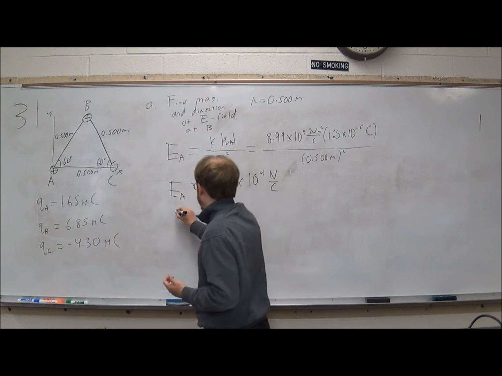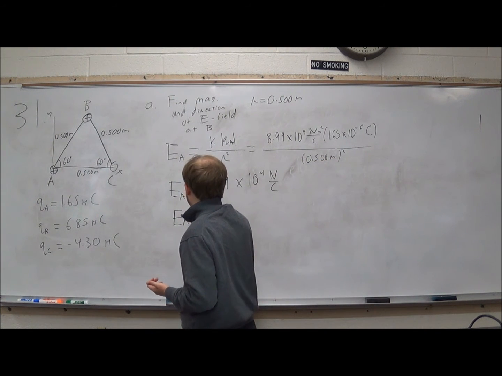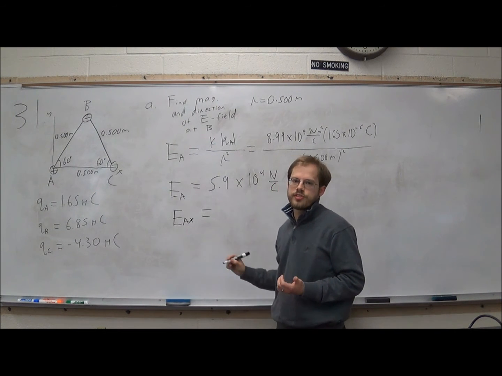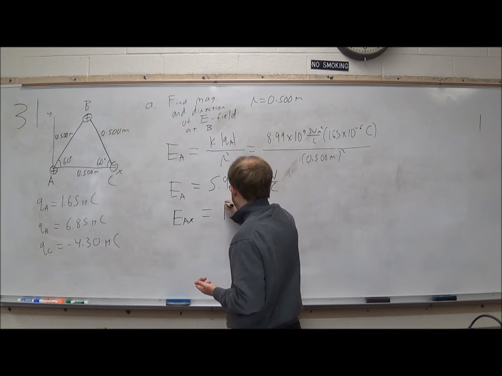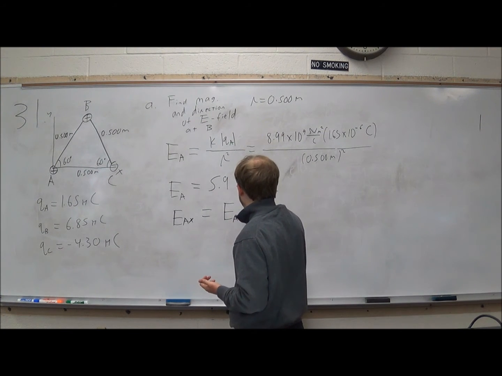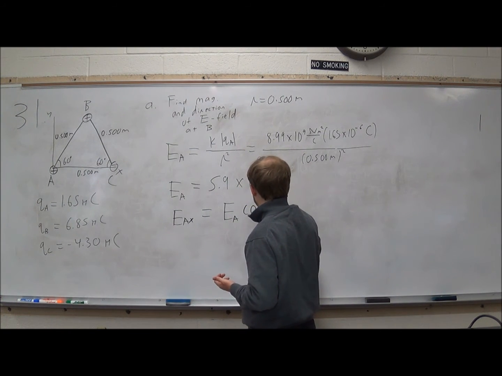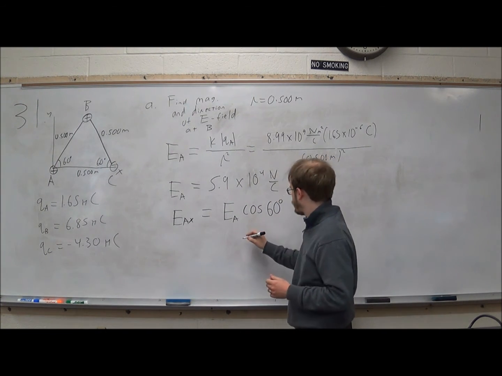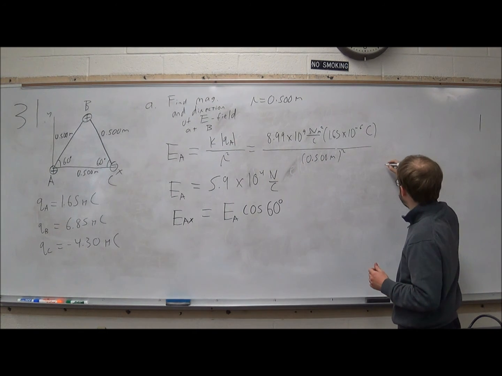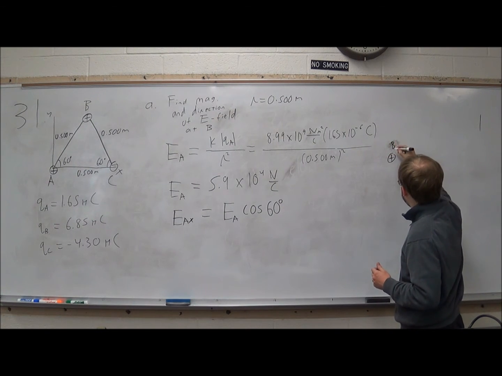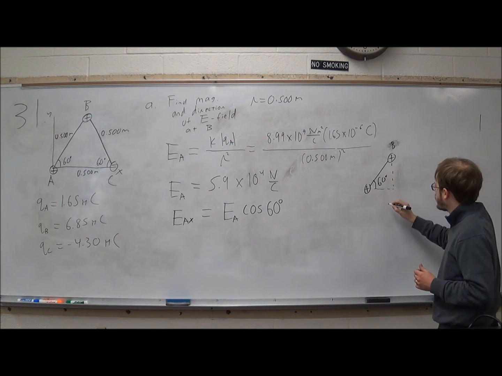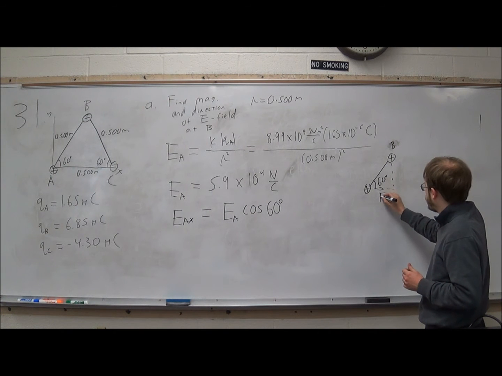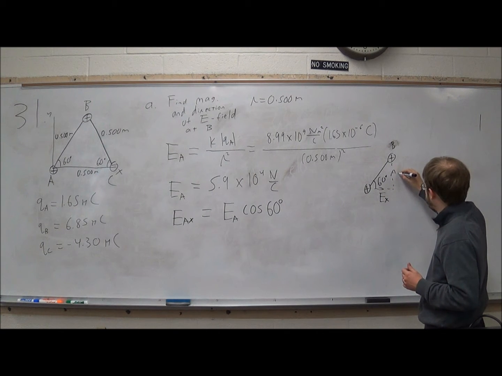First, let's figure out what the x component of this electric field is. That's just going to be the magnitude of the field times the cosine of 60 degrees. If we draw ourselves a nice little picture here, where B is, and our 60-degree angle, this guy right here is our x component, and this guy right here is our y component.